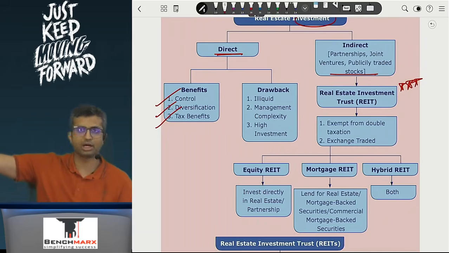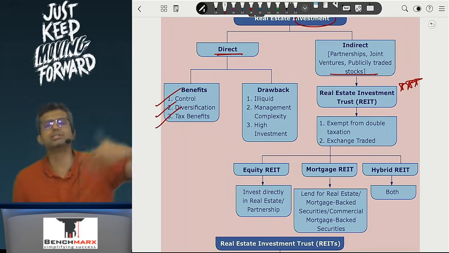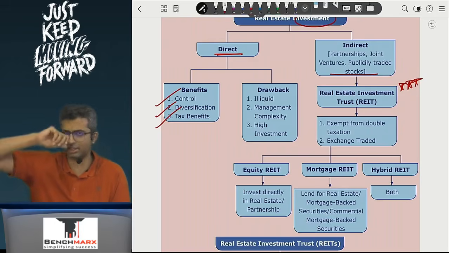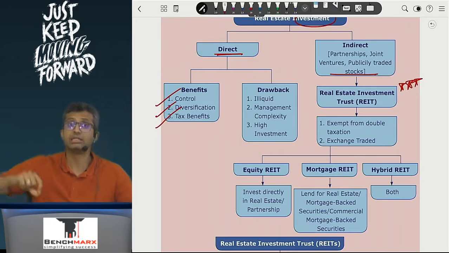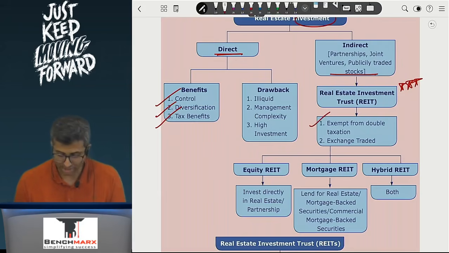So, let us say, the REIT pays tax on the rent received. Later, when the REIT distributes that money, the investors again don't have to pay tax. This is unlike a company, where if a company earns a profit, it pays tax, then it later distributes dividend, and again the investors have to pay tax. Here REITs are exempted from the double taxation, which is a big advantage.